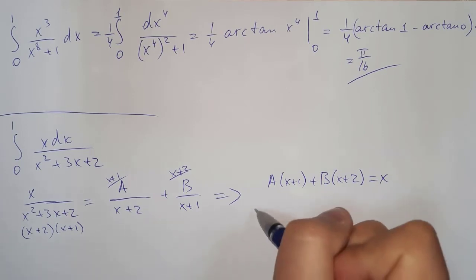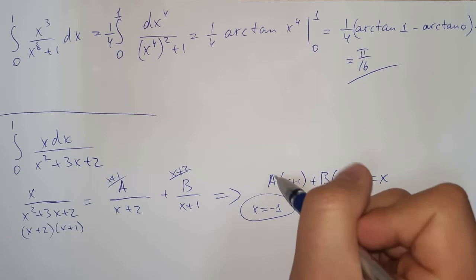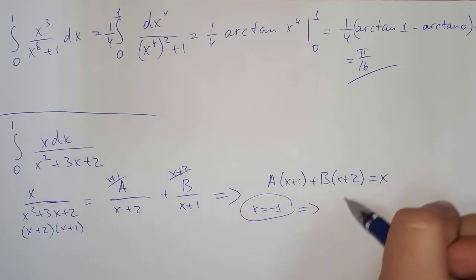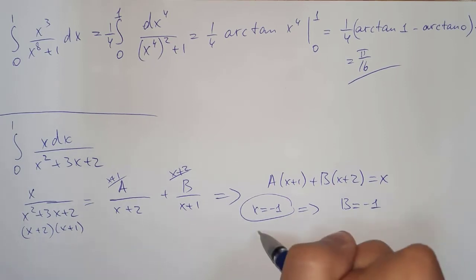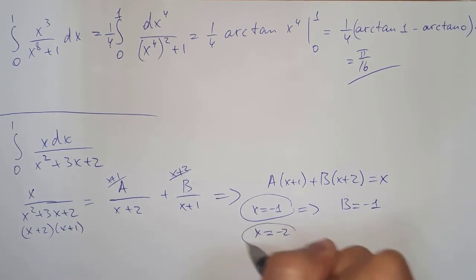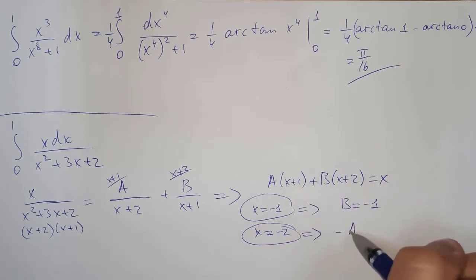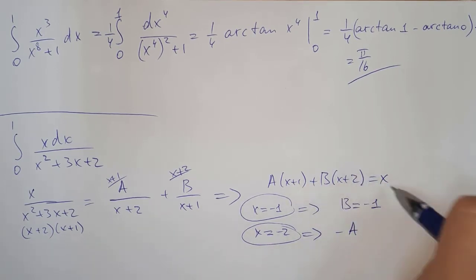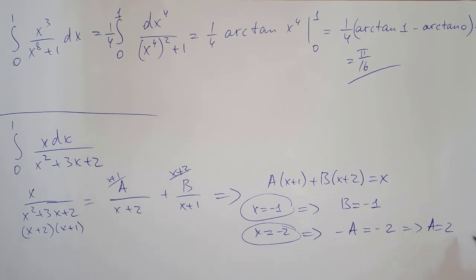Now, when we put x equals minus 1, we'll get here 0, and this is just 1. So b is minus 1. When we put x equals minus 2, here we have minus 1 minus a, and here we have 0. So a is 2. So a is 2, b is minus 1 we have.